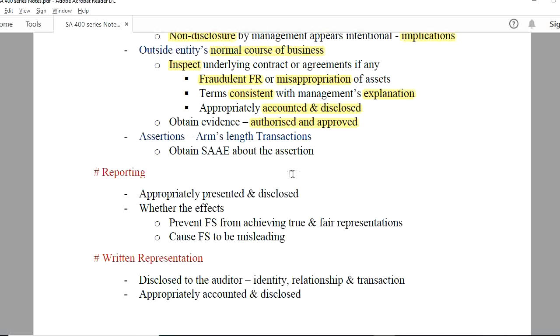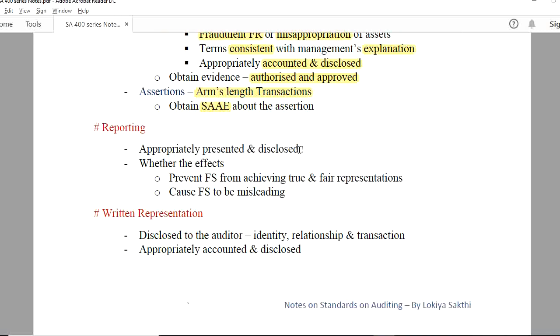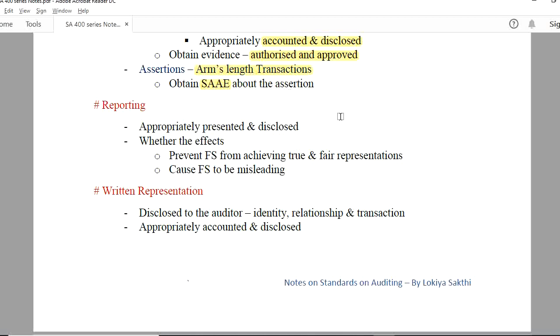When the management has made an assertion in the financial statements that the related party transaction was conducted on terms equivalent to an arm's length transaction, then the auditor shall obtain sufficient appropriate audit evidence about the assertion. So these are the responses to be done by the auditor. Next we have reporting.